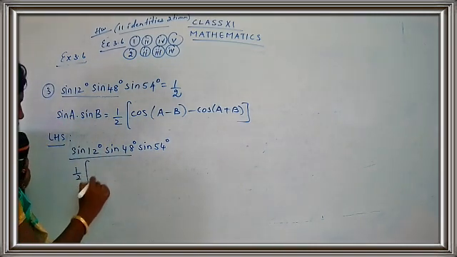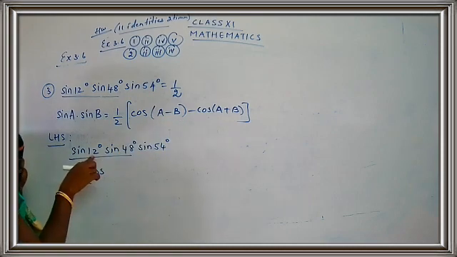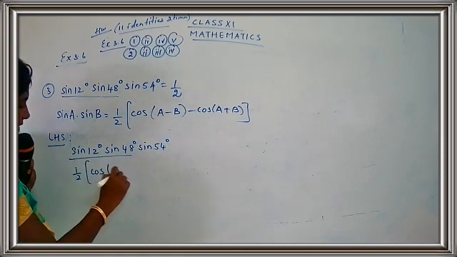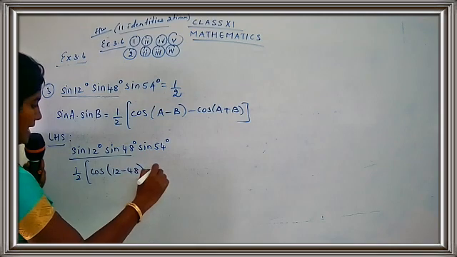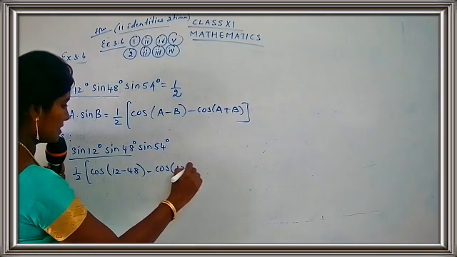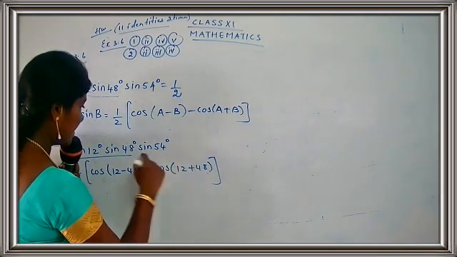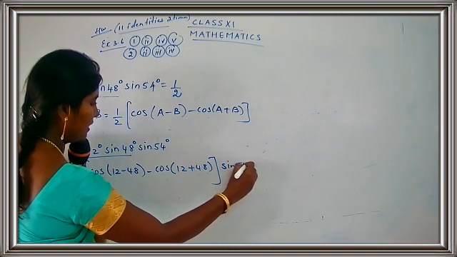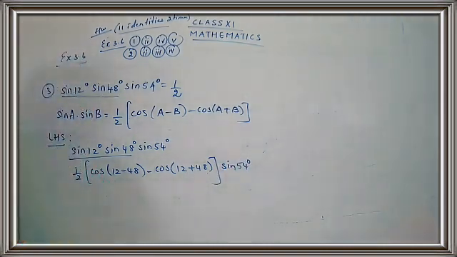So half of cos of A minus B, so 12 minus 48, minus cos of 12 plus 48. This is done. And here you have sine 54 degree. So I get half of cos(12 minus 48) minus cos(12 plus 48), times sine 54 degree.